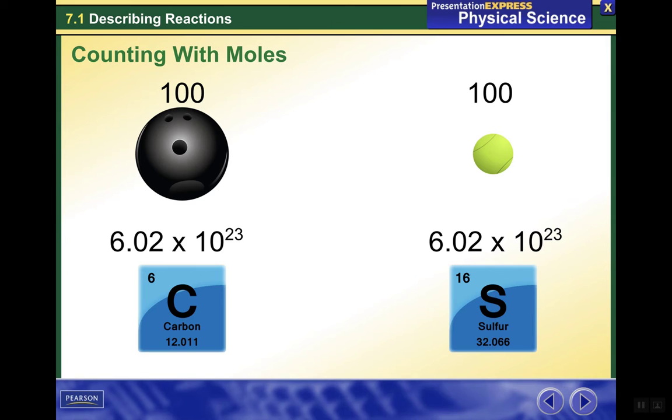So if I had 100 bowling balls and 100 tennis balls, I would have the same number of each. But the mass of 100 bowling balls is a lot more than the mass of 100 tennis balls. Same way, if I had a mole of carbon atoms and I had a mole of sulfur atoms, the mole of sulfur atoms would weigh a lot more because it's a bigger atom.